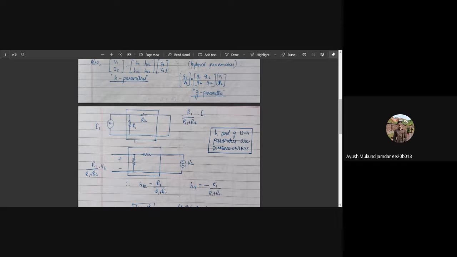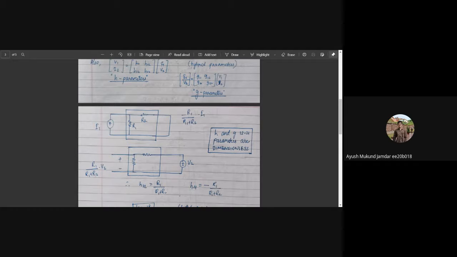So again, what is H21? H21 is the ratio of currents. As you can see, this is a very simple network comprising only R1 and R2, two resistances. When we find H12 for this network, we get R1 by R1 plus R2 using simple circuit methods which we discussed earlier.